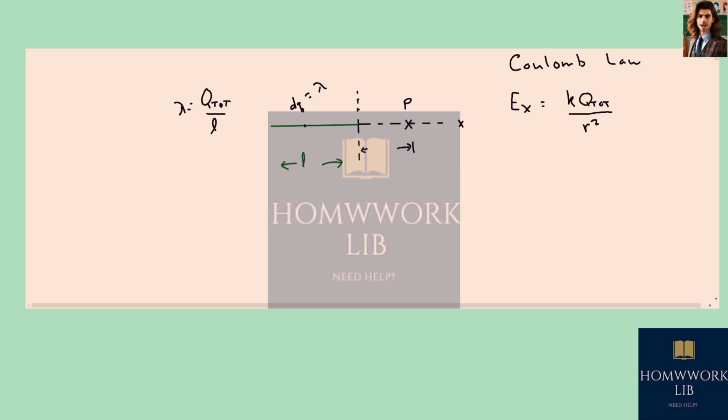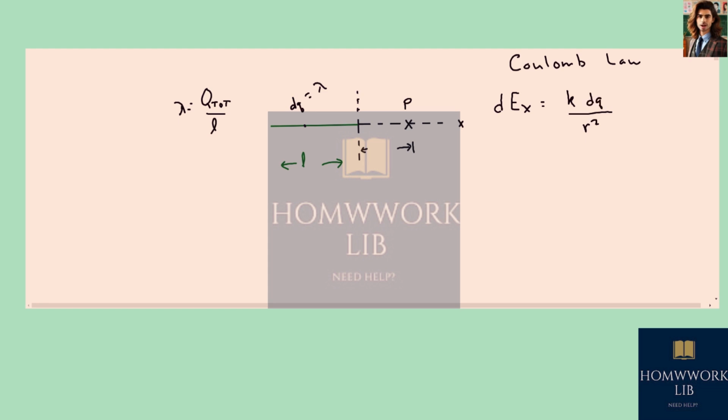But usually what you do to break this up is you write the electric field as a sum of a lot of electric fields due to little tiny chunks of charge. So your q total becomes dq.